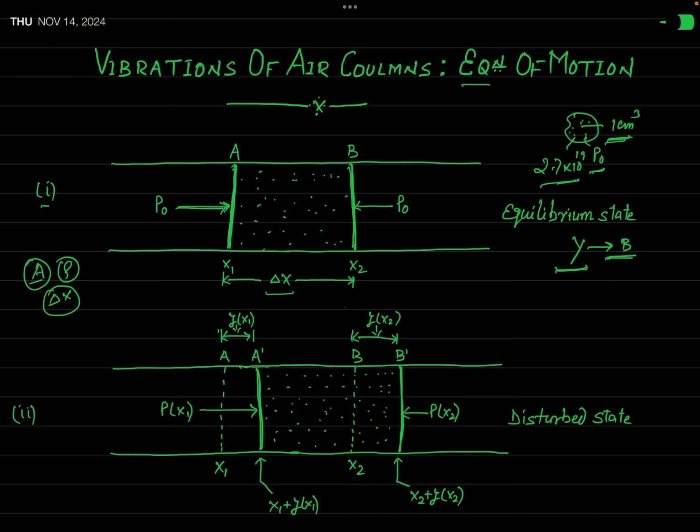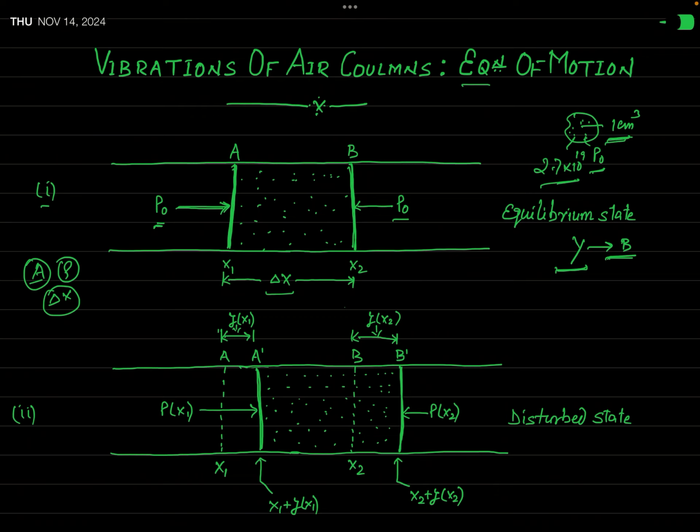So P naught is the pressure exerted on section A and section B, or you can say that this column is compressed by pressure P naught from both sides, which is simply the atmospheric pressure. In other words, P naught is the equilibrium pressure or the atmospheric pressure.